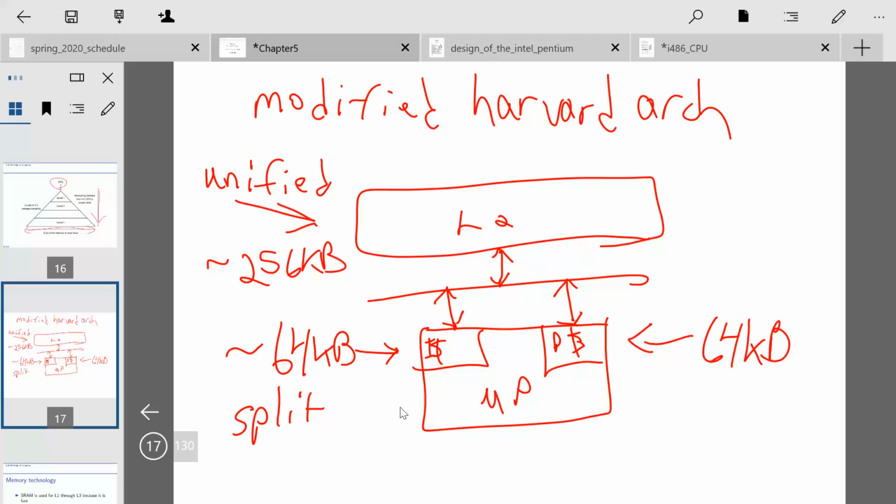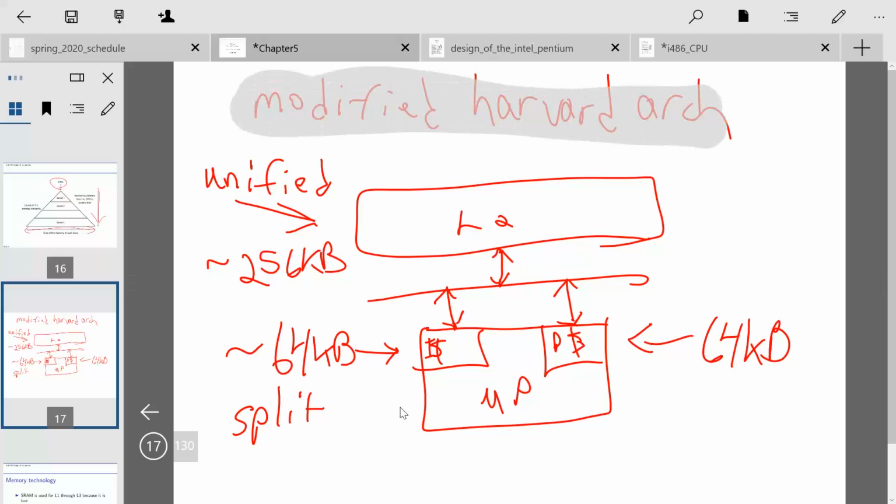So at the next level, whether that be level 2 or main memory, we then unify the caches, and so now the level 2, for example, stores both instruction and data, and it can do so because it's much larger than the level 1. So then at the programmer level, it's a von Neumann architecture, but under the hood, it's a Harvard architecture. So that's a modified Harvard architecture. Okay, all right, continuing on.